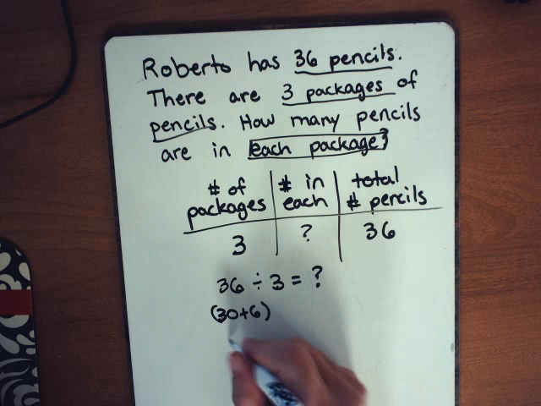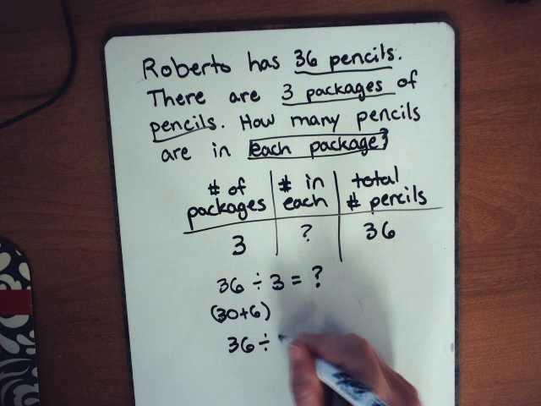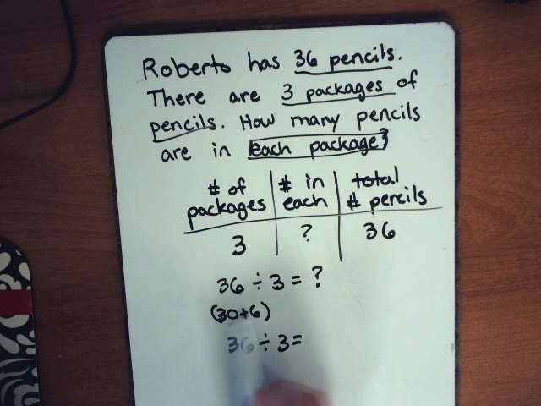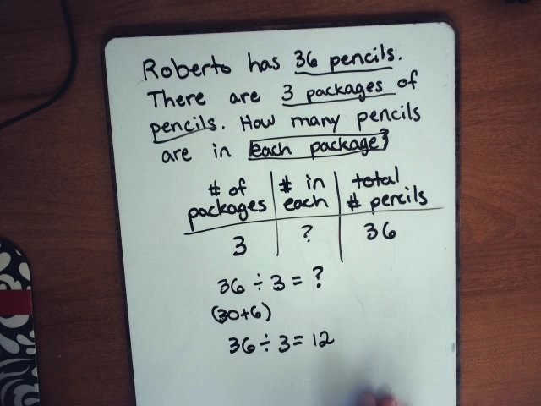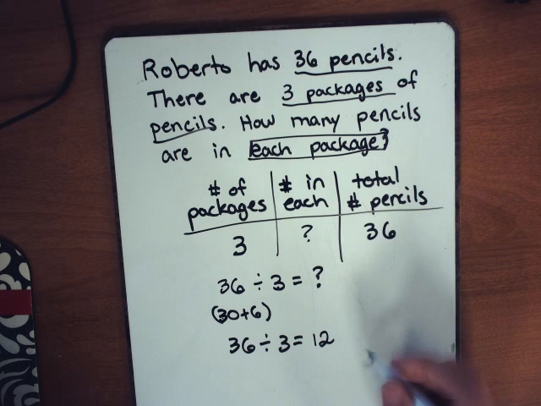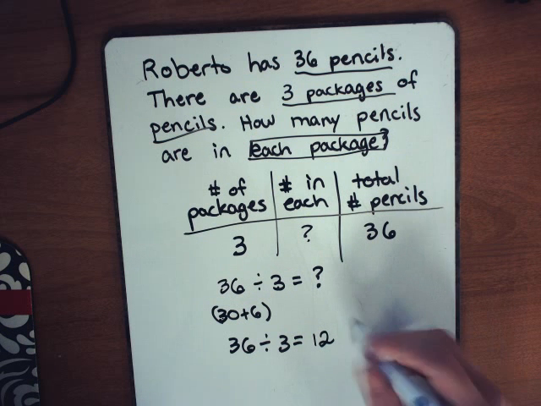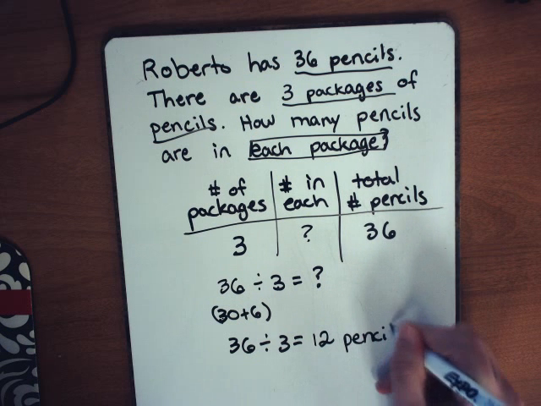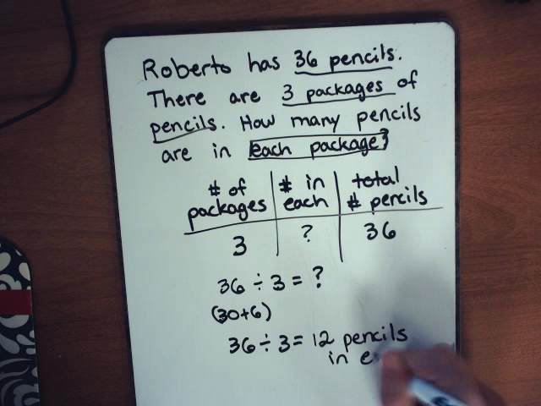So that means that 36 divided by 3, there was 10 groups of 3 in here, 2 groups of 3 in here, so a total of 12 equal groups. So 12 pencils in each.